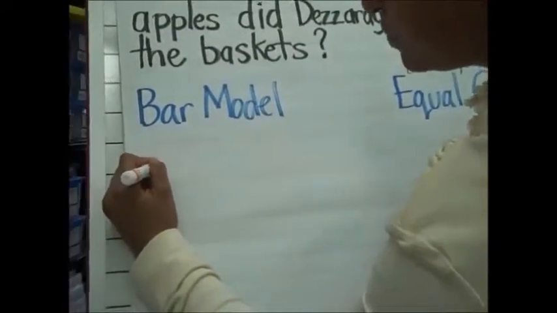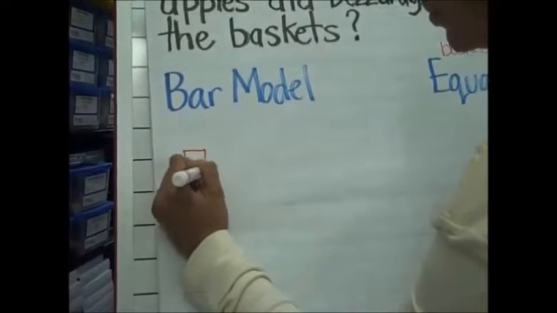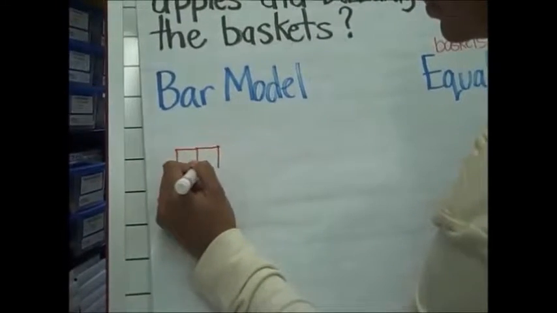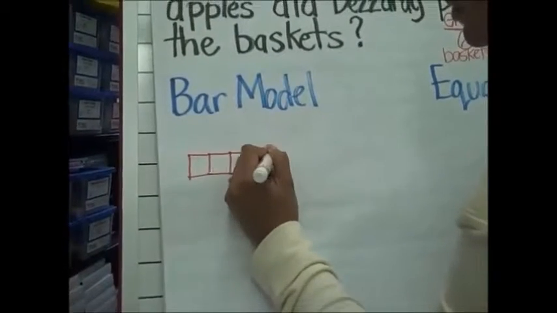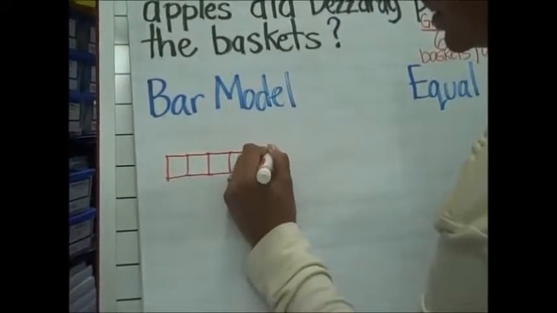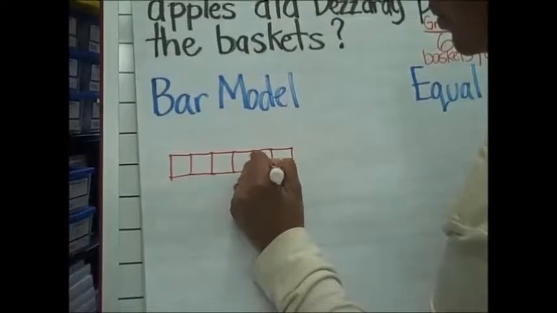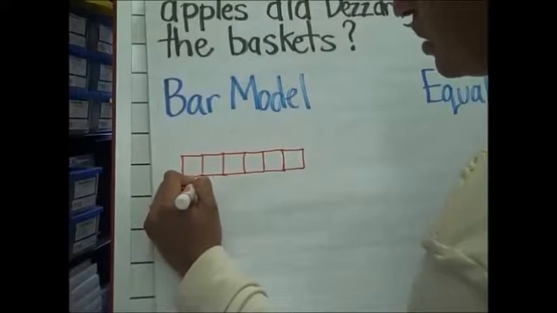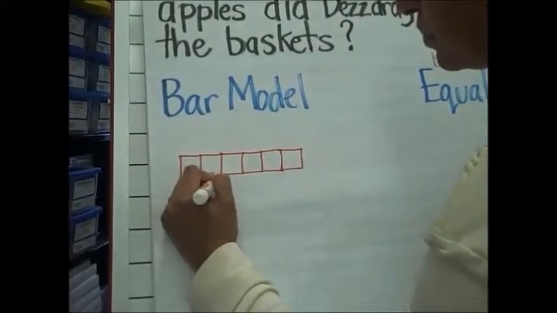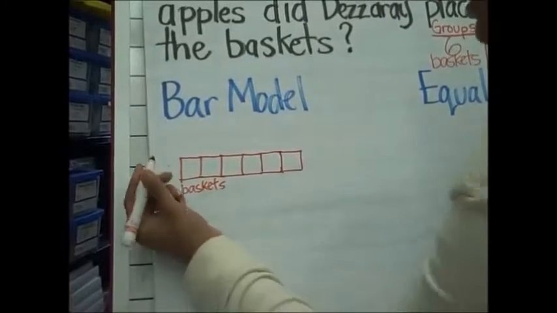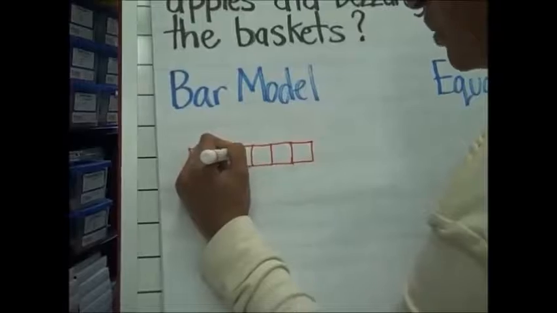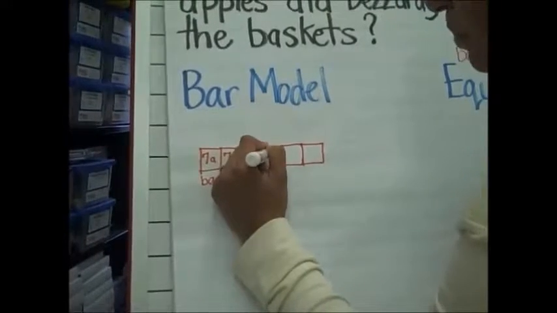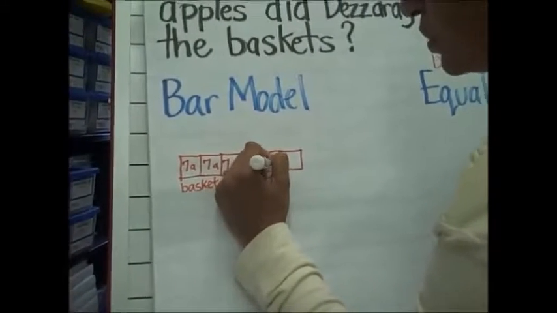So that's 1 group, 2, 3, 4, 5, and 6. And remember, these groups are representing the baskets. In each basket are 7 apples, so I'm going to put 7A to remind me that the 7 is representing the amount of apples.